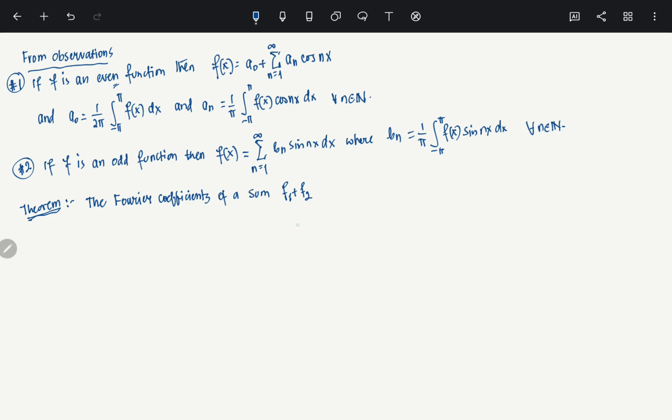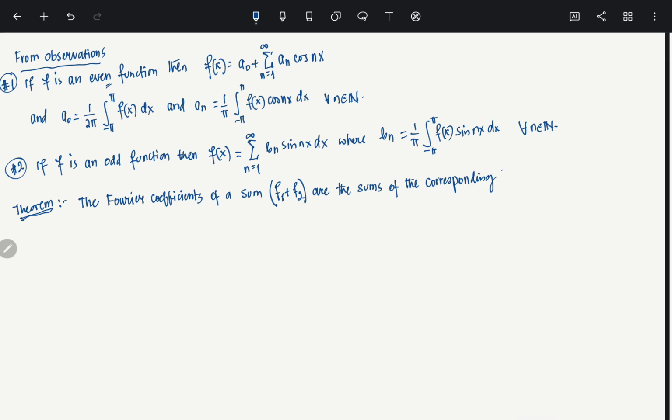The Fourier coefficients of this sum are the sums of the corresponding Fourier coefficients of f1 and f2. I hope this is very clear to you.